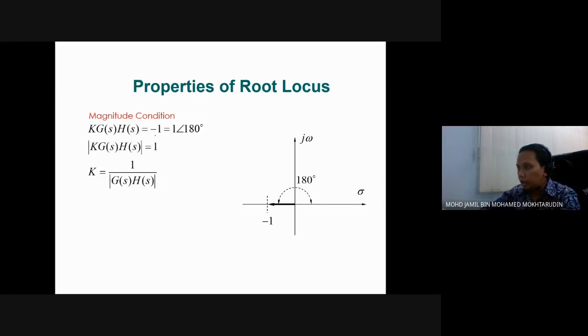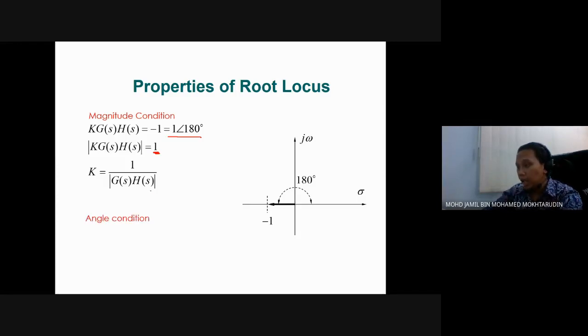When you define the denominator KGH equals -1 in this form, there are two kinds of condition. First is the magnitude condition. The magnitude of KGH equals 1, and you can find K equals 1 over the magnitude of GH.